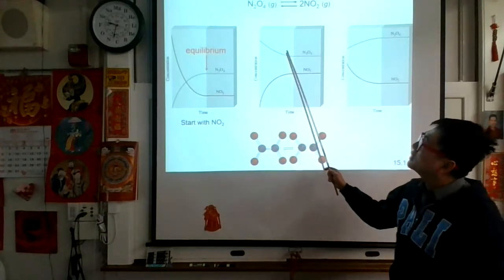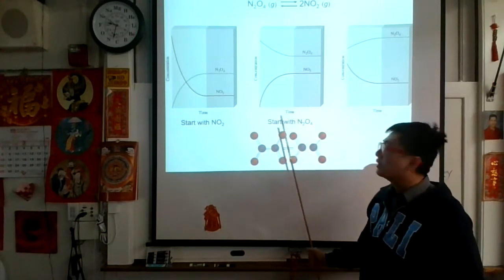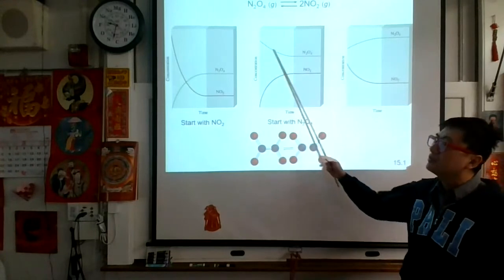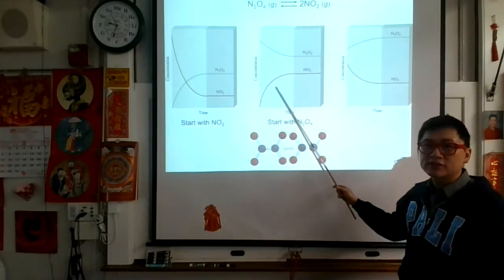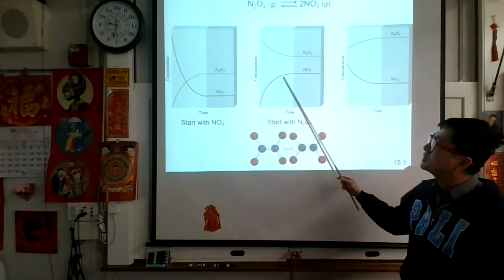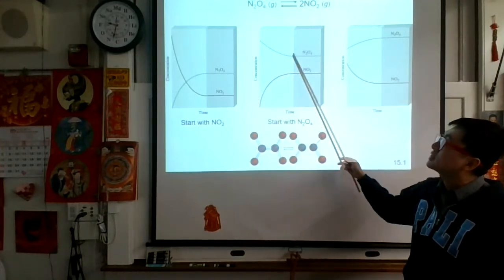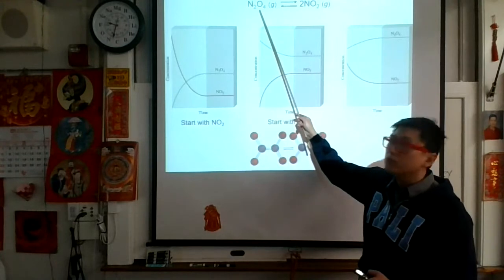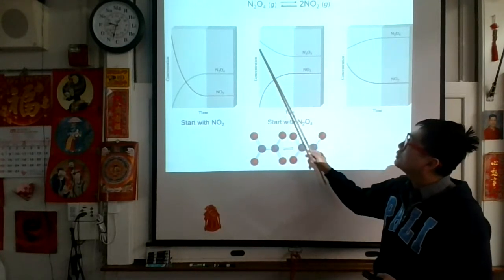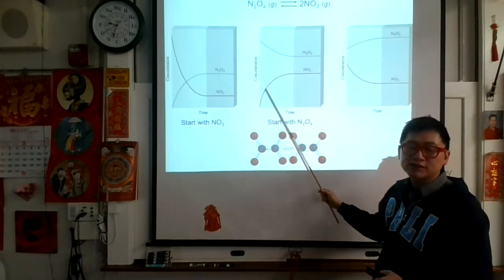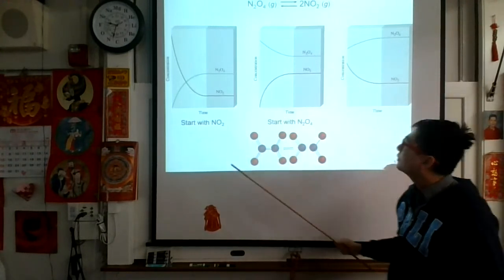Same thing if I start off with just N2O4. If I start with just N2O4, this thing will decrease while eventually the NO2 will start increasing. Notice the rate at which this increases is more than this decreasing, because for every one N2O4 that's decreasing, 2 NO2s are being made.